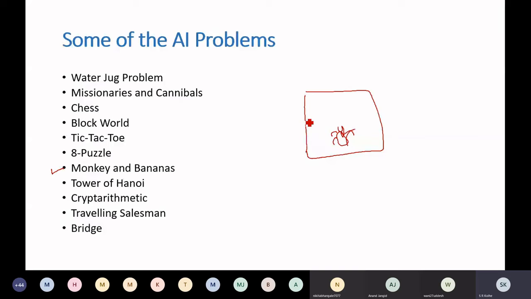And there is a stick, and there are bananas hanging at the ceiling, right? This is the monkey, though it is not looking like a monkey, but it's a monkey. So there's a stick. There is a chair also.